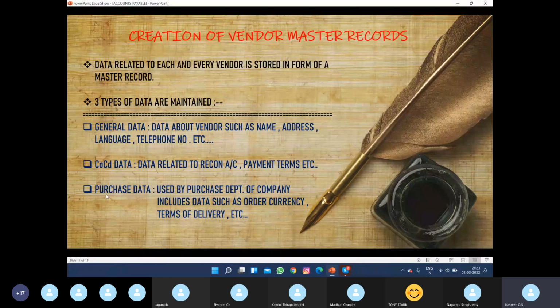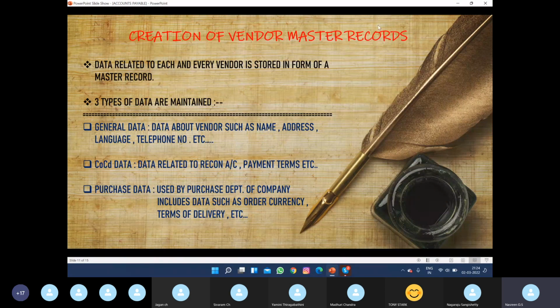Purchase data. Purchase data is generally maintained by the purchase department. Whoever purchases the raw material, or whatever the items ordered, maintains those purchase data. These are the three types of data that are contained in our vendor master records.